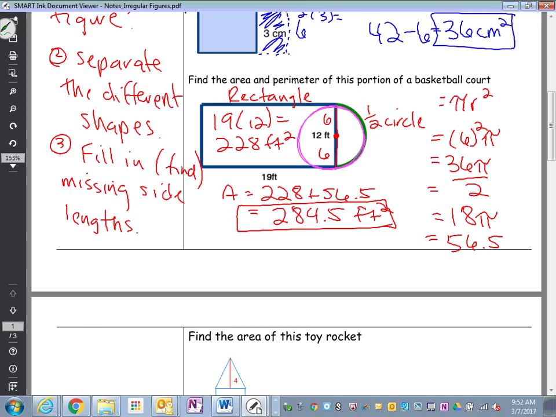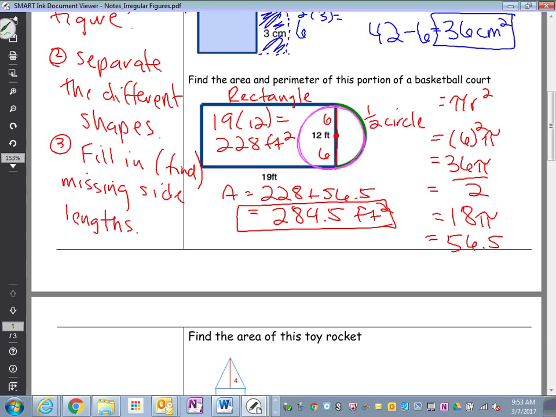So what's 2 times r? Can't we just say pi times the diameter? There are 2 formulas for circumference. It's 2 times pi times r, or pi times d.